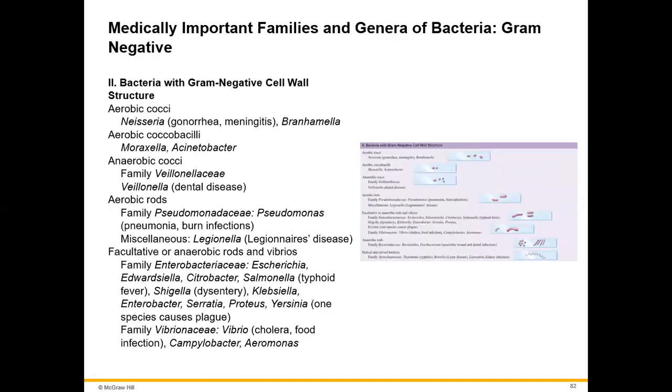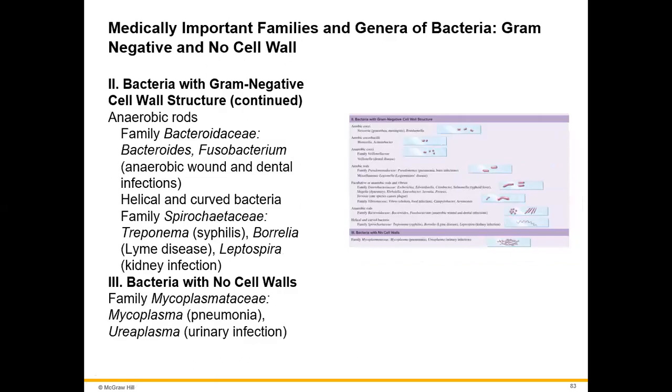And these are common gram-negative bacteria that are important medically. Also medically important are bacteria with no cell wall, such as the mycoplasma and a related ureaplasma that causes urinary infections.